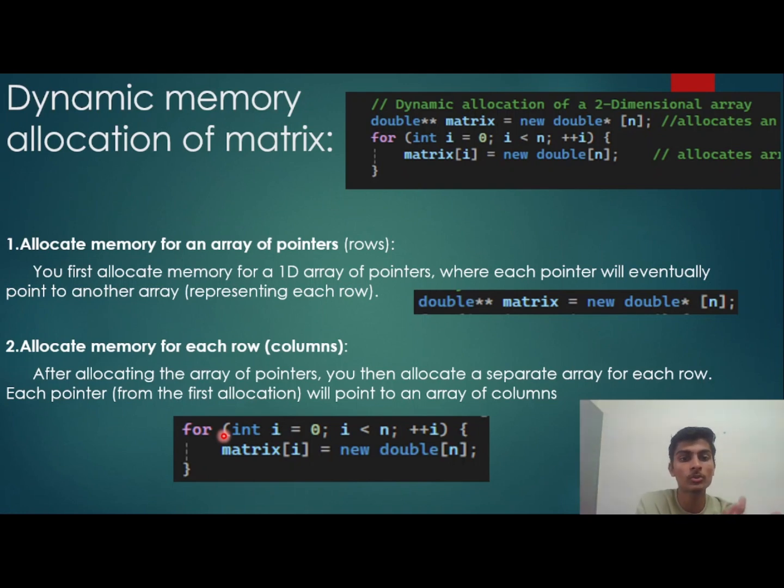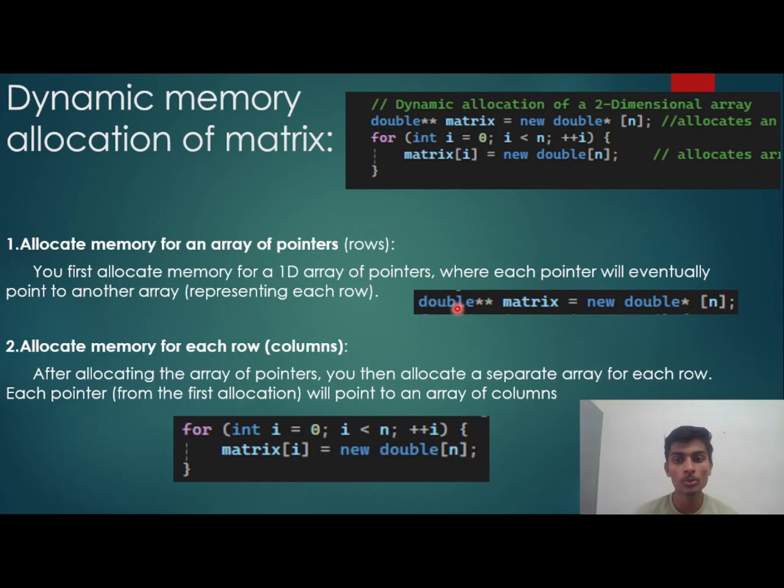To each pointer you will allocate an array corresponding to that. Okay, so that will become an array of arrays, which is equivalent to a matrix. Okay, so what does this double asterisk matrix equal to new double star do? Now when we simply dynamically allocate a one-dimensional array, you simply use the data type star matrix.